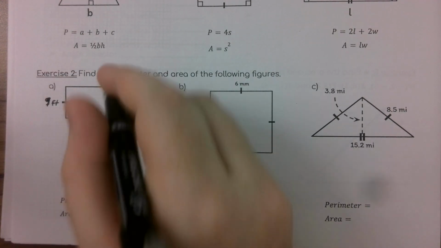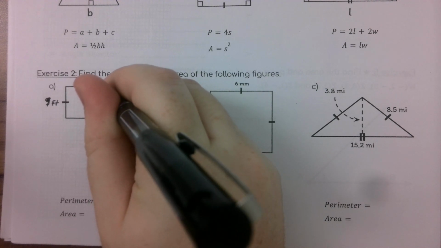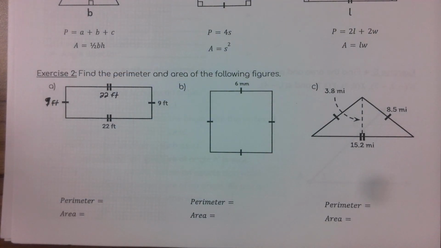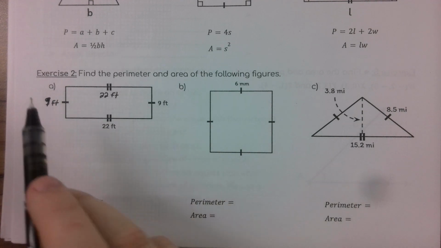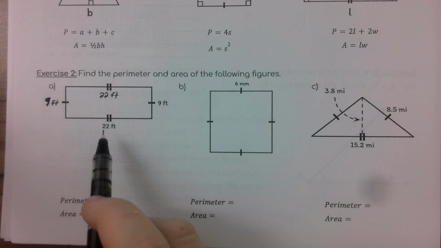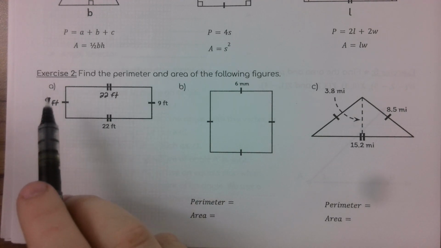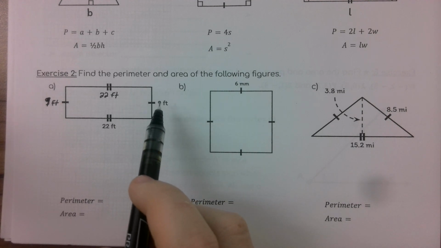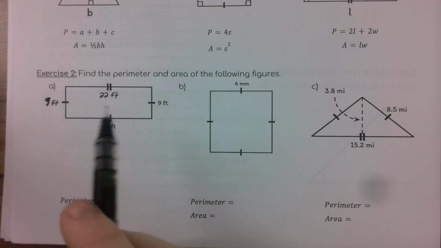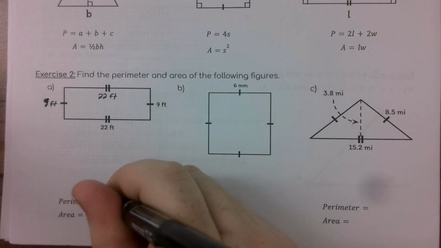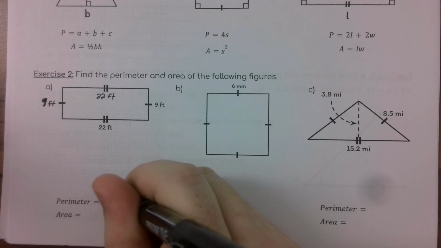If the bottom is 22 feet, the top is 22 feet. So when we are finding the perimeter of this shape, all we're doing is 22 plus 22, which is 44, plus 9 plus 9. 9 plus 9 is 18. 44 plus 18 gives us 62 feet.